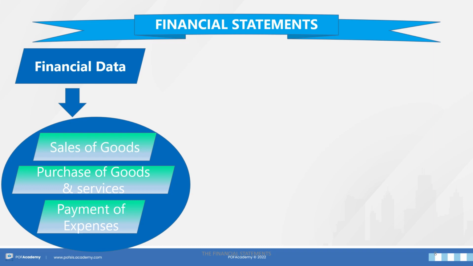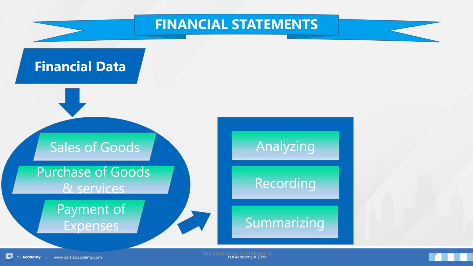These transactions need to be analyzed according to the type and nature of the expense, then recorded by preparation of journal entries, summarized, and recorded to the company book of accounts. It can be cash receipts book, cash disbursement book, sales book, purchase book, and then after summarizing the total amount per account, it will be recorded in a general ledger.